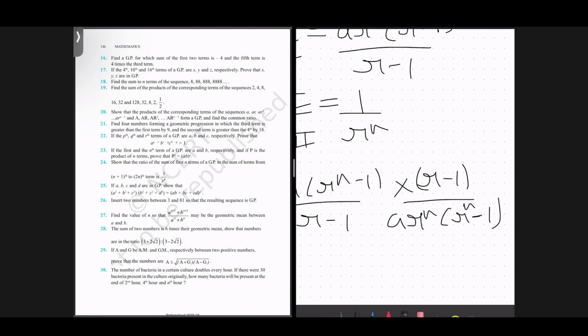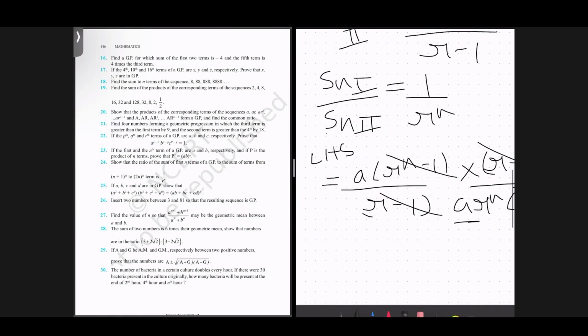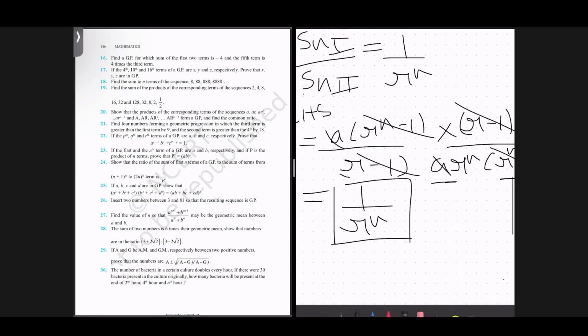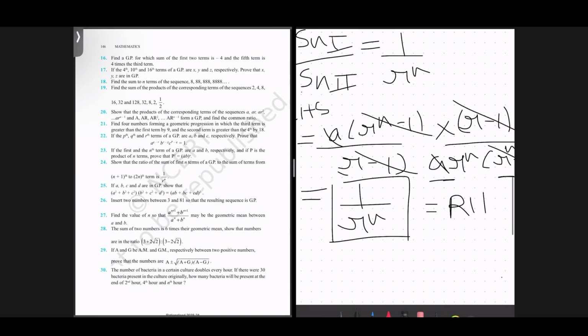This is the first term of the second GP, and because it has n terms, this term is right here, and this is here because the common ratio is the same. So this gets cancelled, this gets cancelled, a and a get cancelled, and what you're finally left with is 1 upon r raised to the power n, and that is going to be your RHS as well. So hence proved.